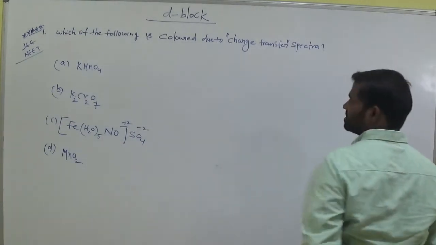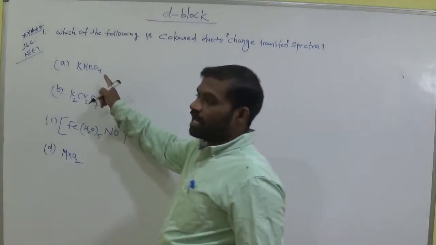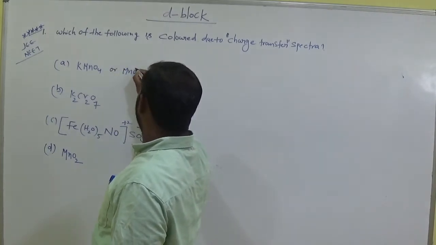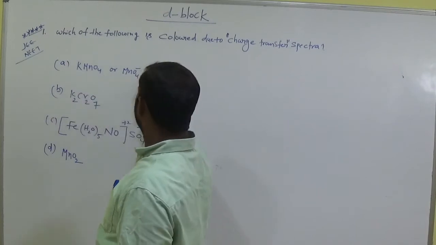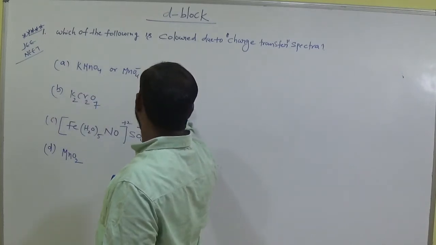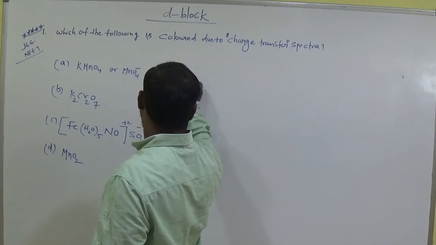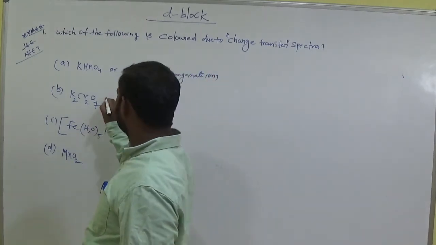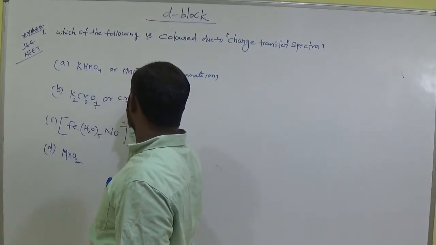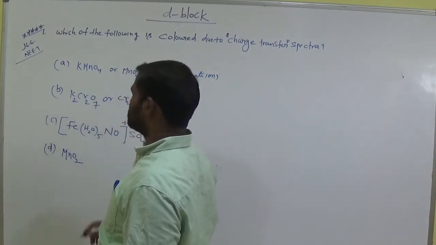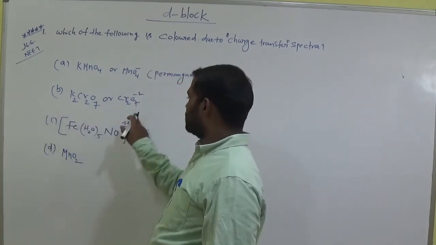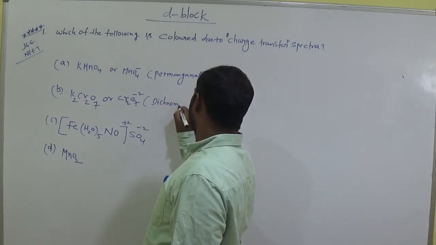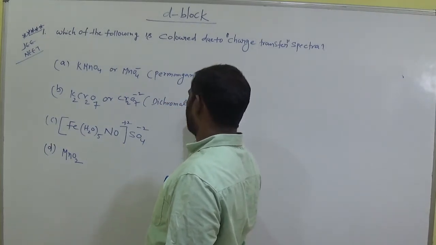Due to charge transfer. KMnO4, we have to remember MnO4-, potassium permanganate, or MnO4- means permanganate ion. K2Cr2O7 or Cr2O7 2-, this is potassium dichromate, the dichromate ion.